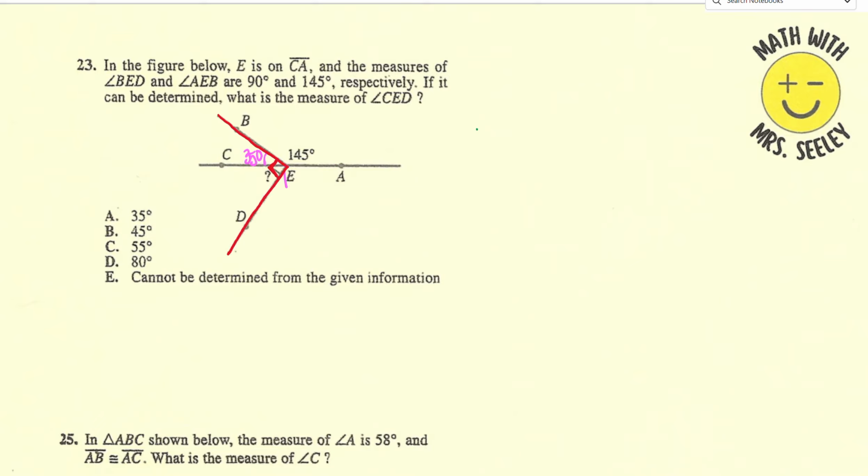So if this part of it is 35 and we want the other part, just subtract. 90 degrees take away 35 degrees is going to leave me with 55 degrees for the other side. So the answer is C.